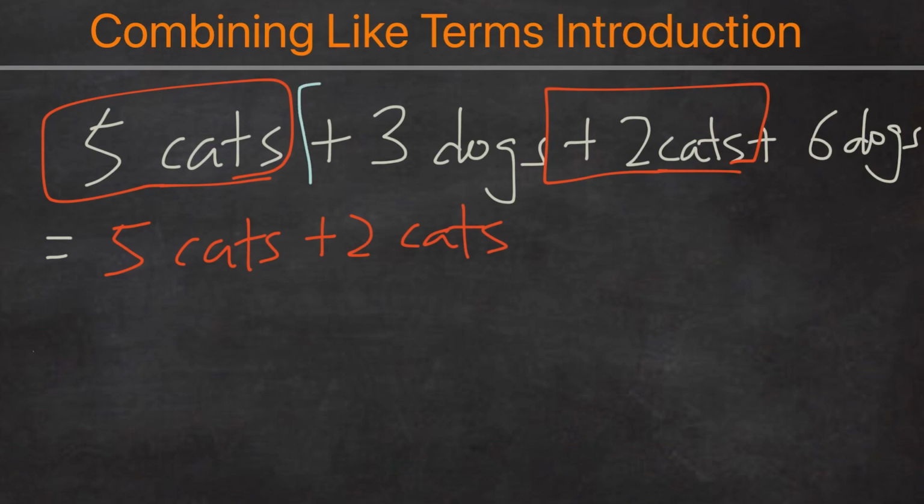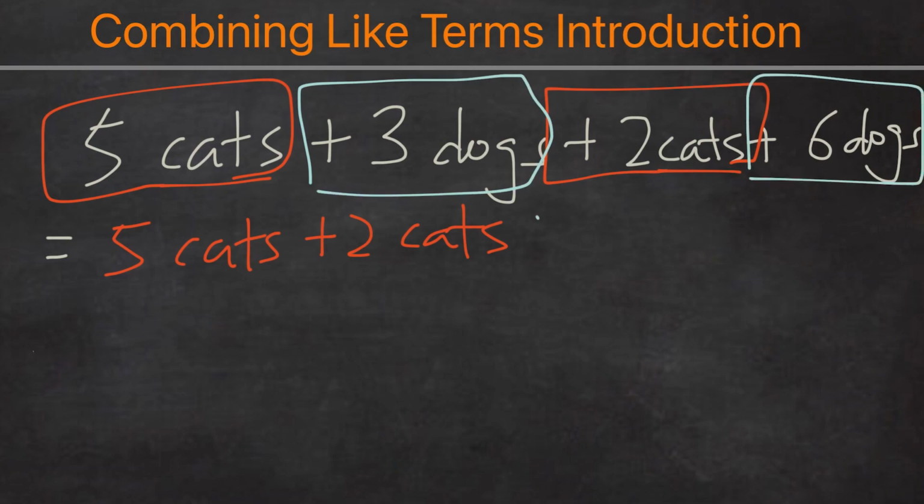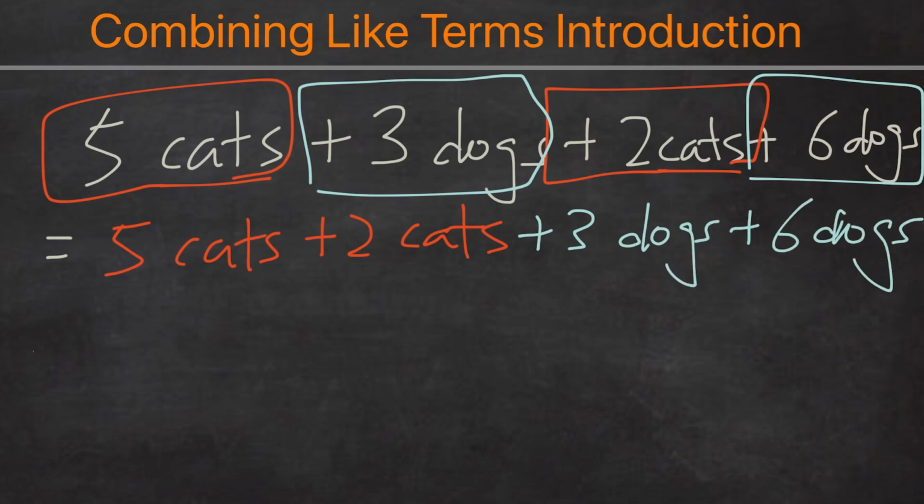Now I'm going to go to dogs. So we got 3 dogs and then we got 6 dogs here. So we add 3 dogs, 6 dogs. So what do I have? Now 5 cats plus 2 cats is 7 cats.